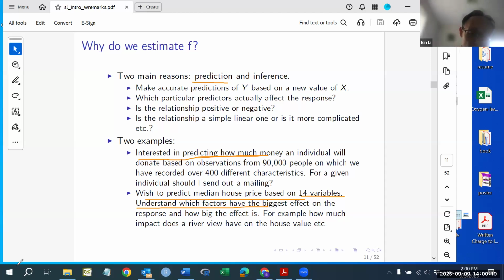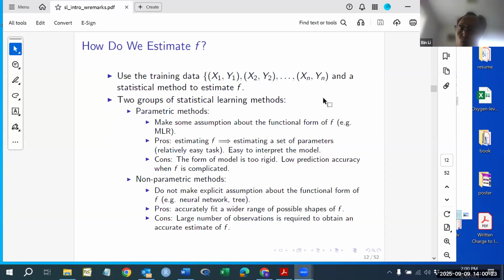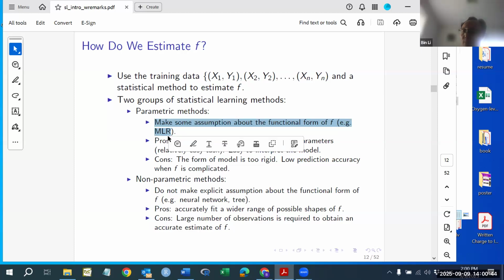And how do we estimate f? As I said, there are two groups of statistical learning methods. One is the parametric approach. That means it makes some assumptions about the functional form, like linear assumptions, quadratic models, cubic models, like that.